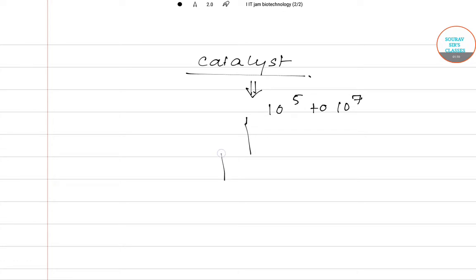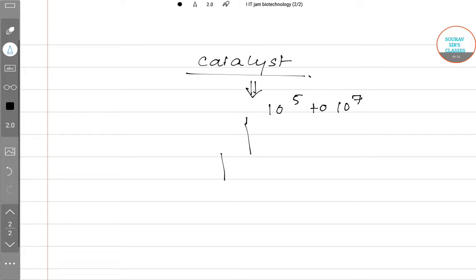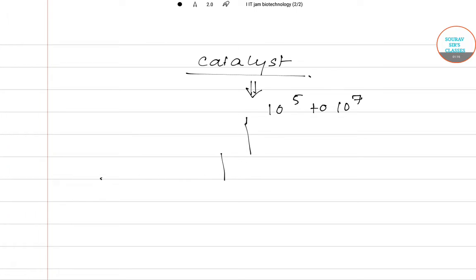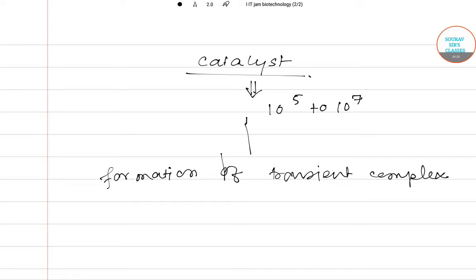And enzyme catalyzed reactions are reactions that are characterized by the formation of a transient complex, and this is the complex between the substrate and the enzyme, and that forms an ES complex.